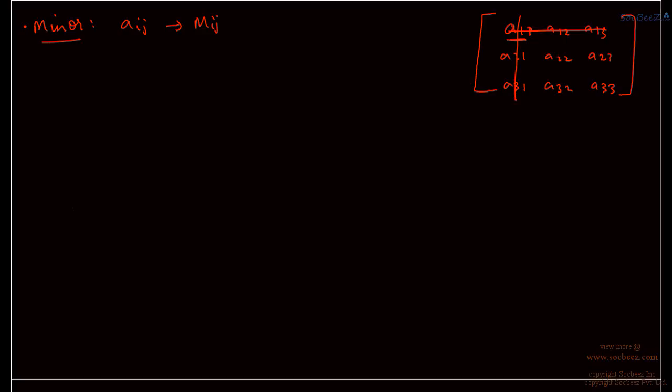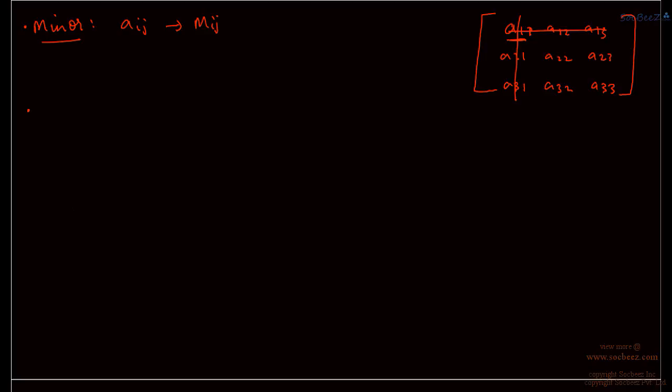So Mij will always be of order n minus 1, if n is the order of the square matrix. The determinant of this is known as the minor, which is A22 A33 minus A32 A23.